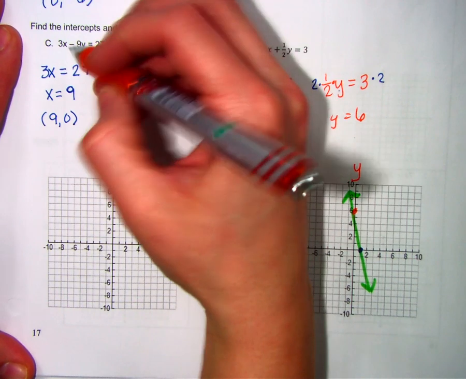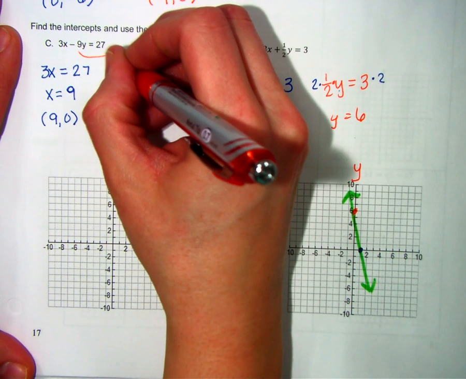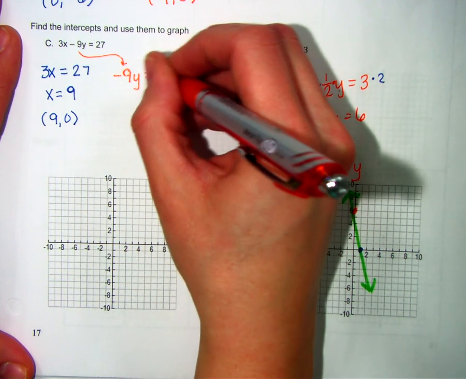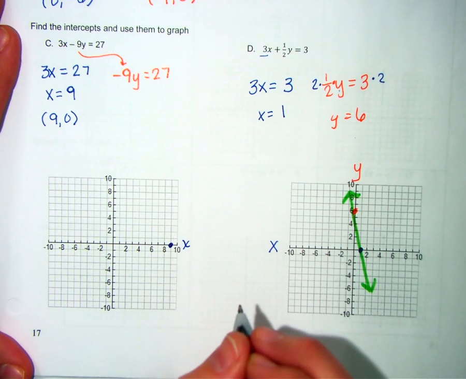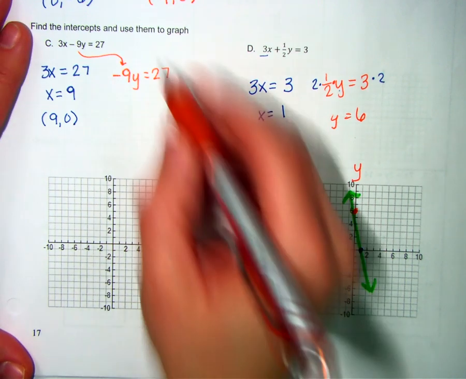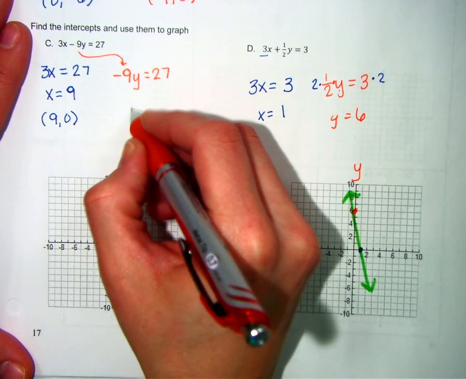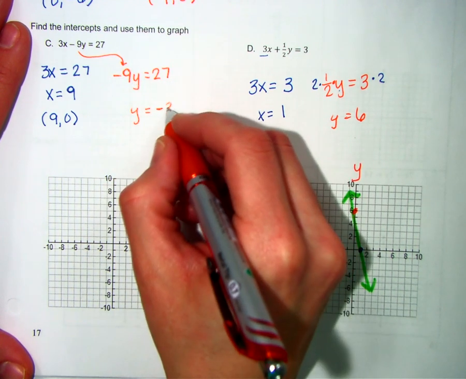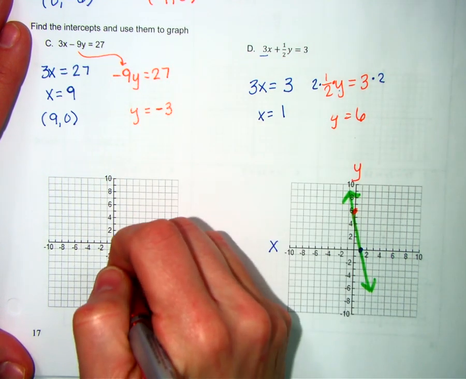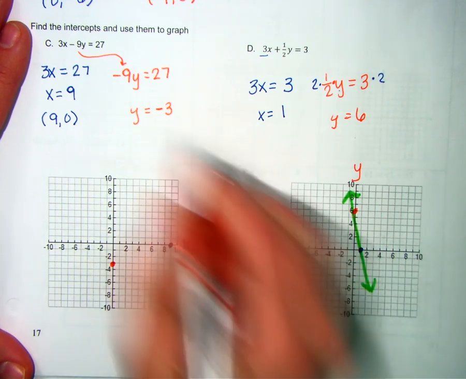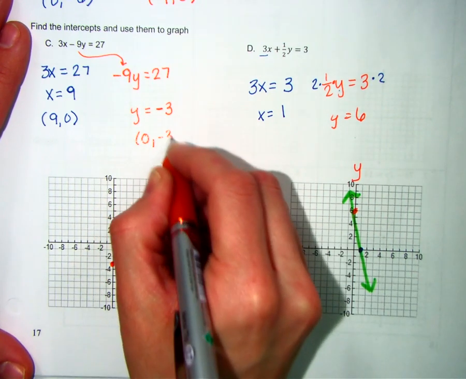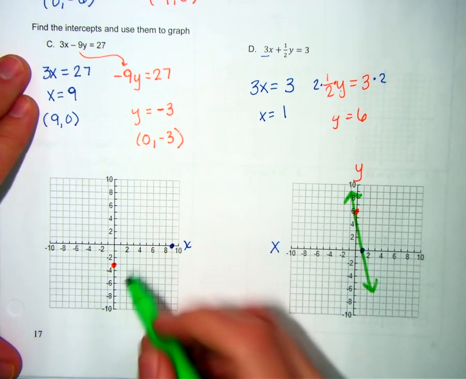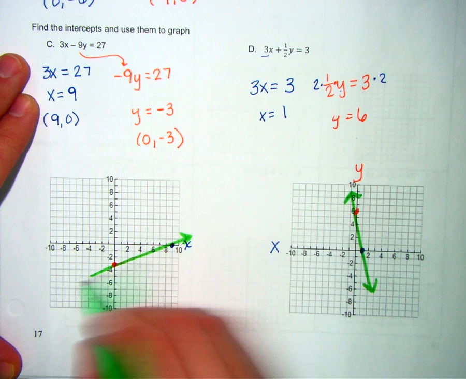Now when you flip over to do this y part, do not forget to bring down the negative as well. I'll divide both by -9. So this is going to be a negative. 27 divided by 9 is 3. Which is the point 0, -3. Okay, connect those dots. Arrow on the ends.